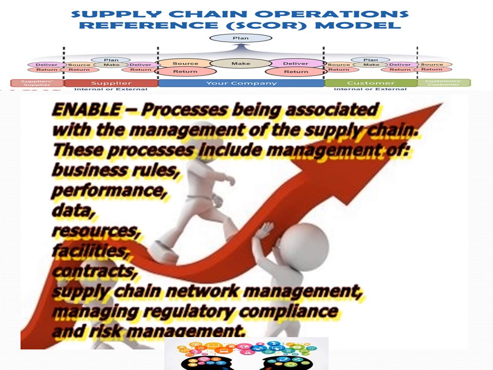They are the processes associated with the management of the supply chain. These include management of business rules, performance, data, resources, facilities, contracts, supply chain network management, managing regulatory compliance, and risk management. These are the things which keep our supply chain operation running smoothly.